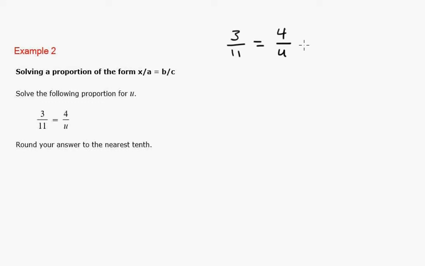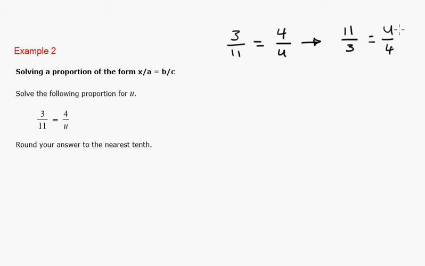First, I'm going to show you the short way. Whenever you have just one variable in the equation, but it's in the denominator, then flip it. Write u over 4. But what you do to one side, you have to do to the other. So now you have 11 over 3.